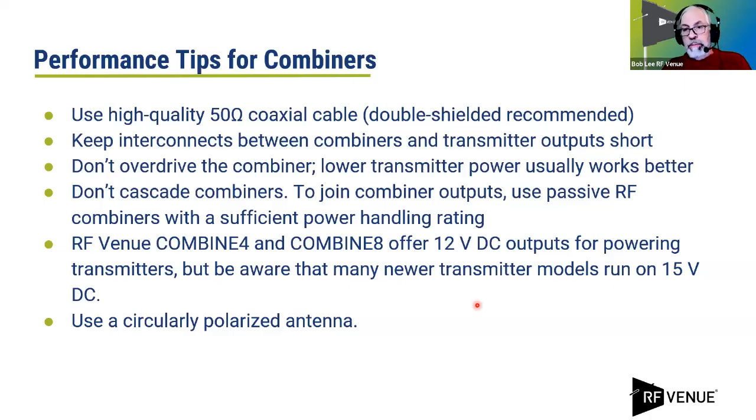This voltage is also close enough to 15 volts that 15 volt transmitters will almost always run perfectly well on it. It's a good compromise between the two, and that means you don't have to use a separate power supply for each transmitter.